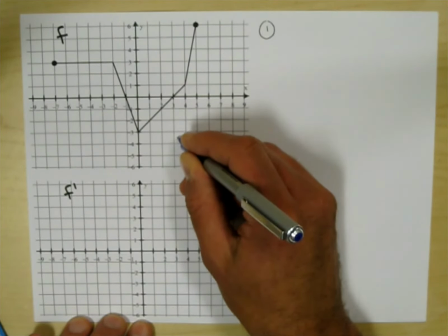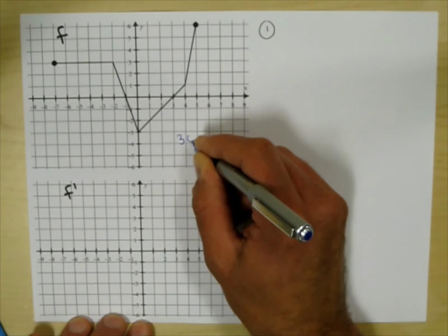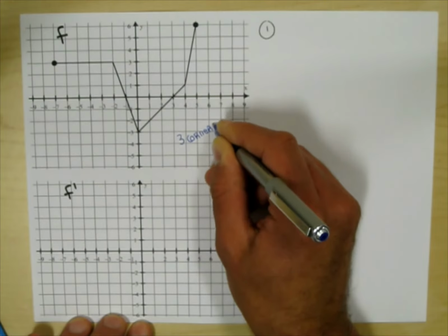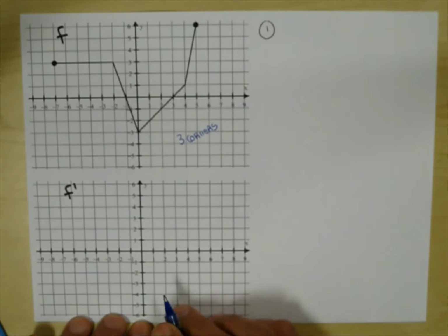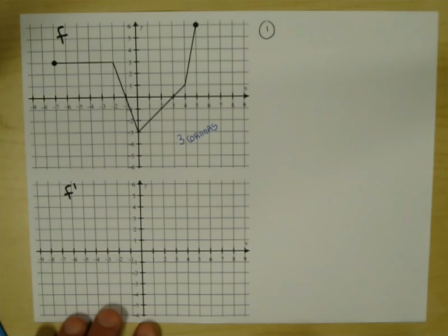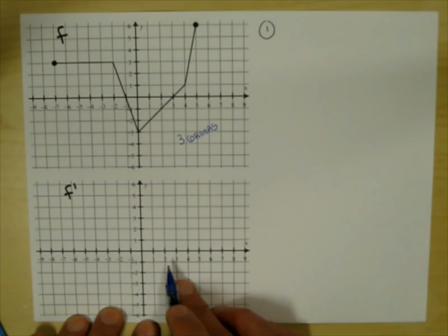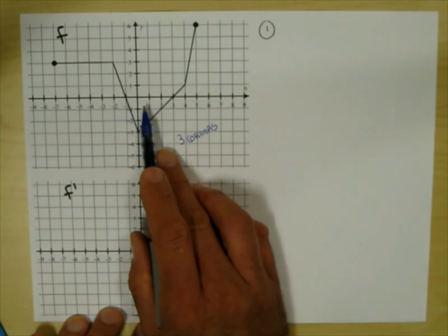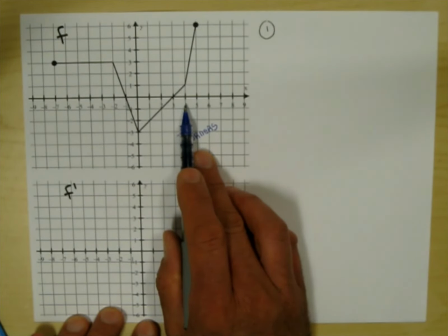So there are 3 corners. And what do we know about corners? We know that the corners are points where the function is not differentiable. Okay, so we shouldn't have graph at the x value -2, 0, or 4.